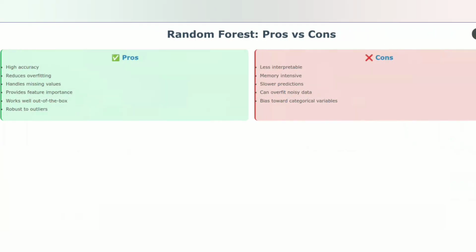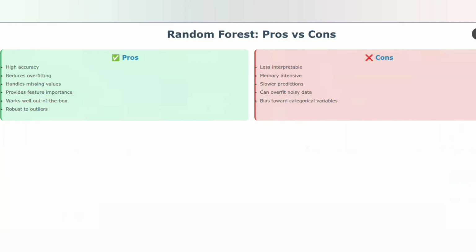Let's put this all together in a clear comparison. On the positive side, Random Forest offers high accuracy, reduces overfitting, handles missing values, provides feature importance, works well out of the box with minimal tuning, and is robust to outliers.